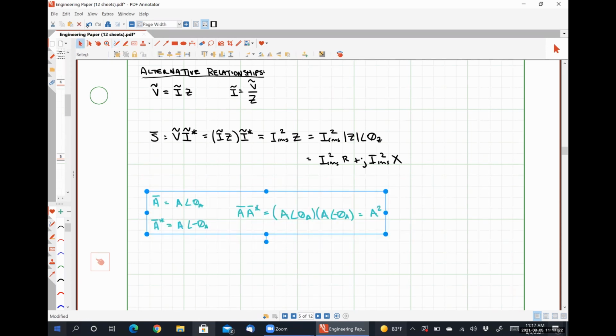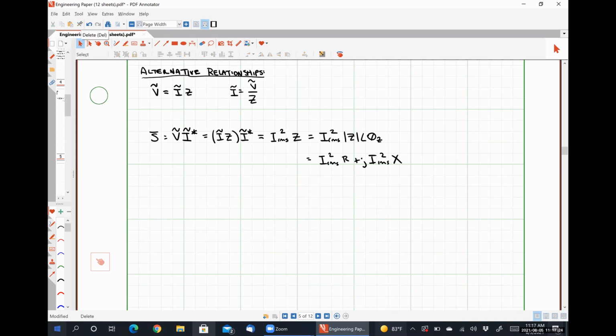I can do something similar with the other Ohm's law relationship that I've developed here. And so I can say that S is again simply V times I conjugate, which is going to look like V times V over Z conjugate, or VRMS squared divided by Z conjugate.